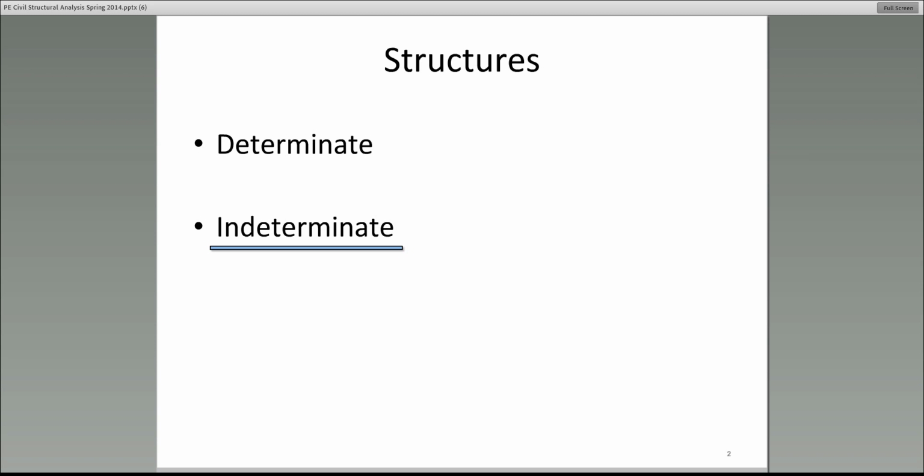For that reason, towards the end of this presentation, I have the topic called moment distribution. For those of you who are structural engineers, you recognize the terminology, and that is a technique that helps you quickly analyze an indeterminate structure.